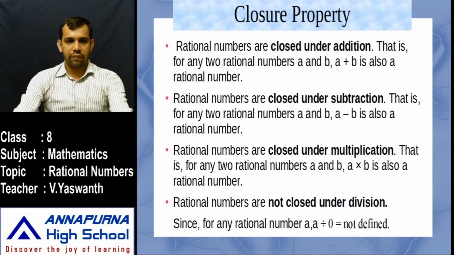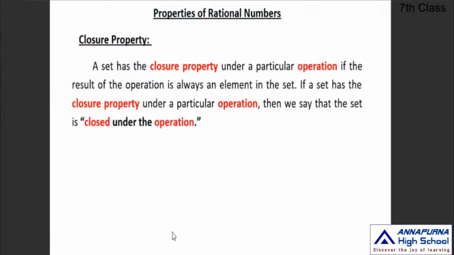Now let us verify whether the remaining properties are satisfied by the collection of rational numbers. This is the condition for the closure property: a set has the closure property under a particular operation if the result of the operation is always an element in the set. Then we say that the set is closed under the operation. Here, set means the collection of numbers.